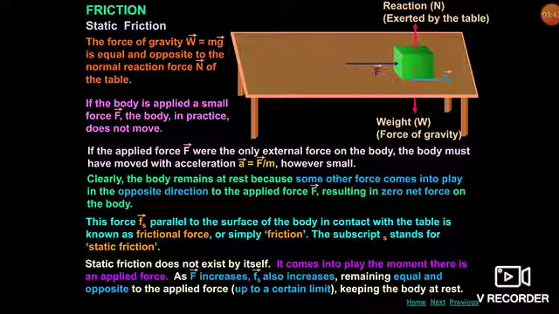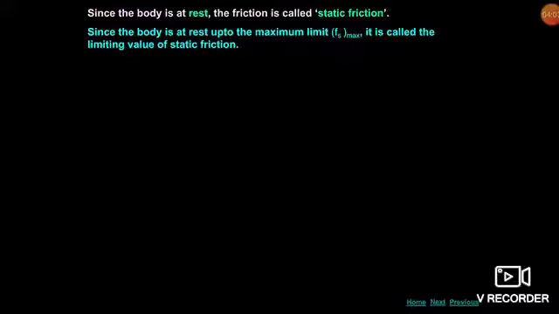Static friction does not exist by itself. It comes into play the moment there is an applied force. If F increases, then Fs also increases, remaining equal and opposite to the applied force up to a certain limit, keeping the body at rest. Since the body is at rest, the friction is called static friction. Since the body is at rest up to the maximum limit Fs max, it is called the limiting value of static friction.